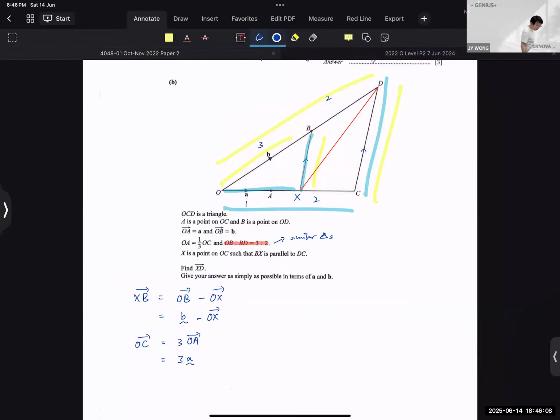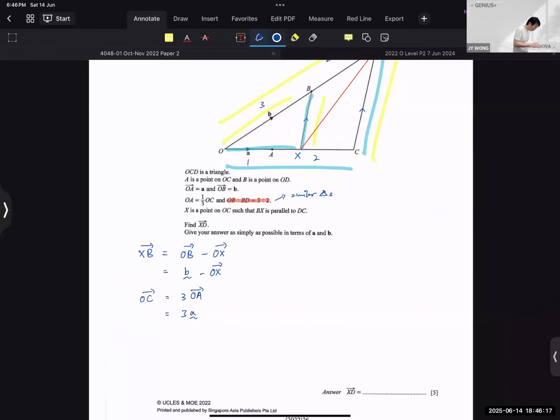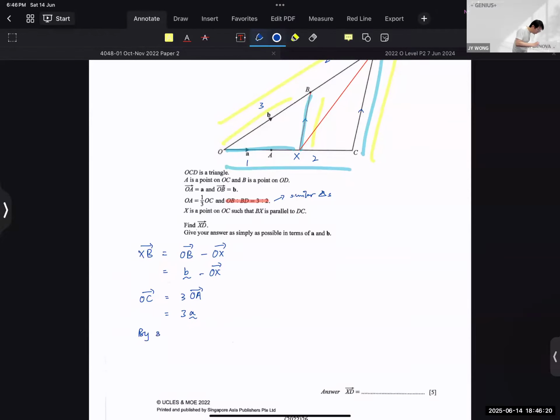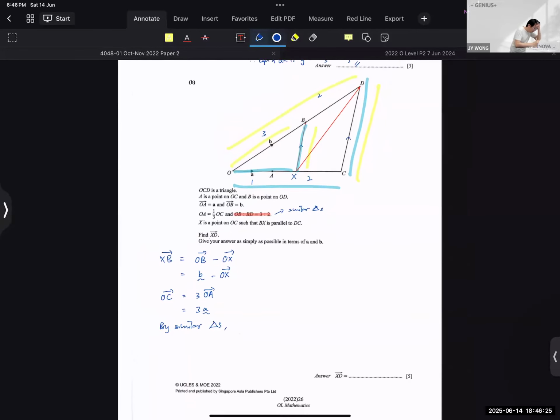We know that my OCD and my OXB are similar triangles. Agree? So by similar triangles, OX over OC will be equal to OB over OD. Agree? Make sense?